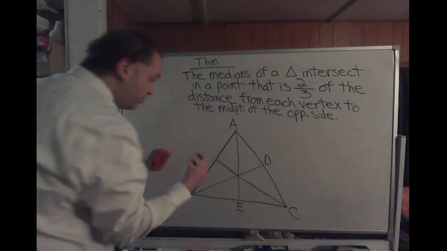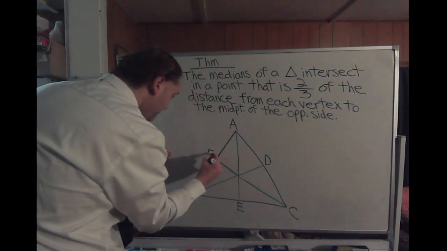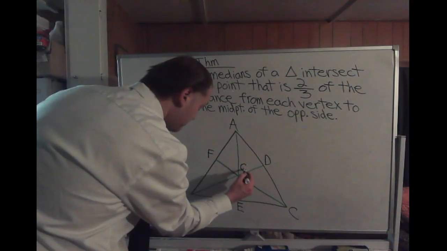We will call this point F, and the point where they all intersect will be point G.